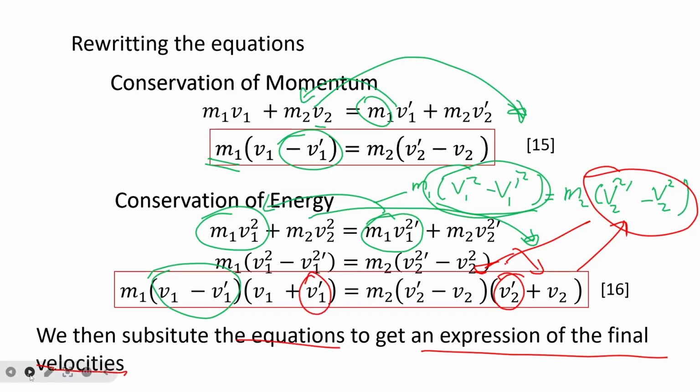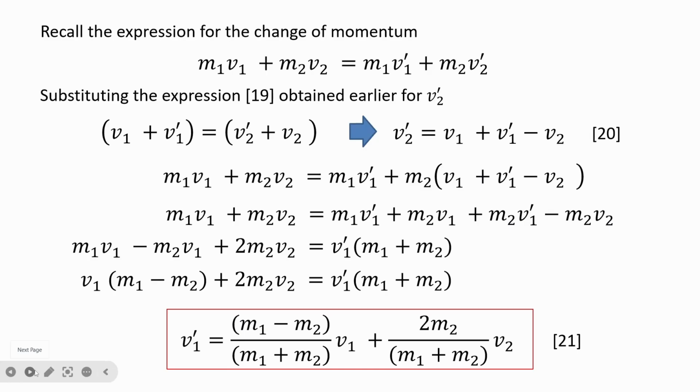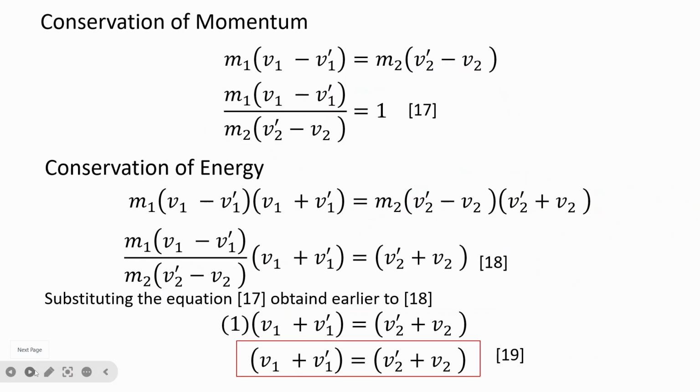Okay, let's go ahead. All right, I went too far. So, from the conservation of momentum expression, we can rewrite this by crossing this one here at the bottom, and this is equal to 1. They are basically the same proportions. And from the conservation of energy, we have this function m1 v1 minus v1 prime and so on.